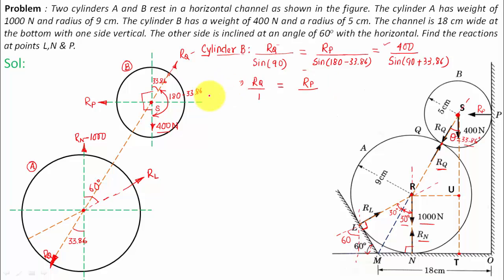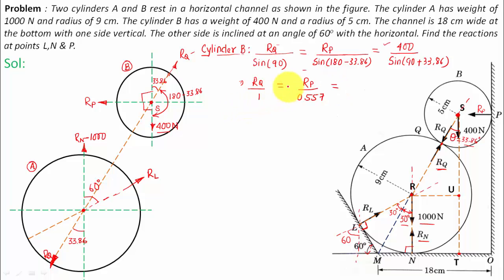So the overall value is 0.557, equal to 400 divided by sine of 90 plus 33.86. Let us do this calculation. 90 plus 33.86 is equal to 123.86, and sine of 123.86 works out as 0.83, and 400 divided by 0.83 works out as 481.